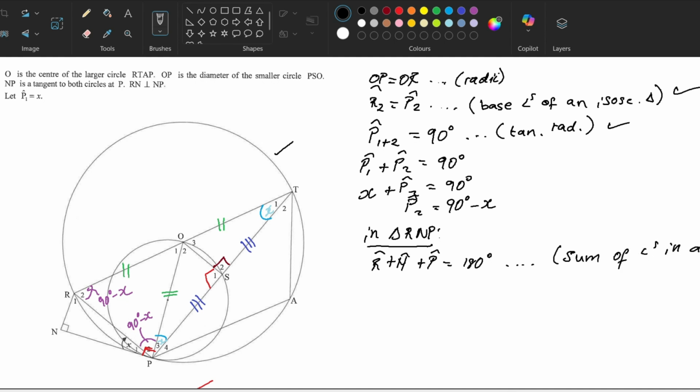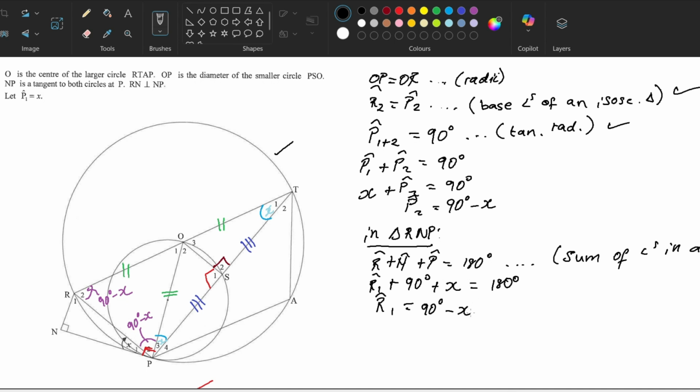And then R1, that's what we are looking for. And then N, we are given that it is 90 degrees. We can clearly see it here. And then our P, we are given that it is X, right? Which is P1. So when we transpose, guys, this 90 is going to be negative. So you are going to say 180 minus 90 is going to be 90, right? And then when we transpose this X to the other side, it's going to be negative X.